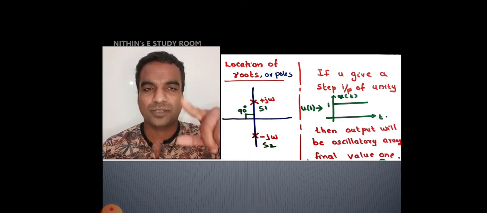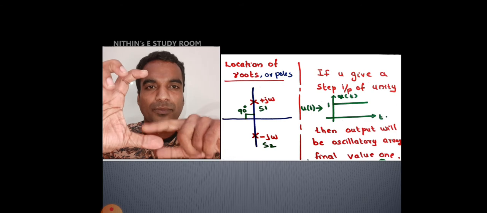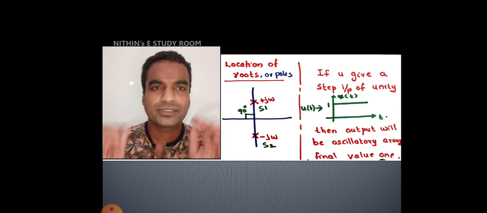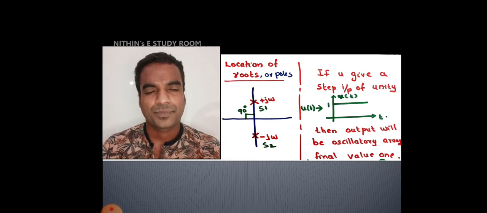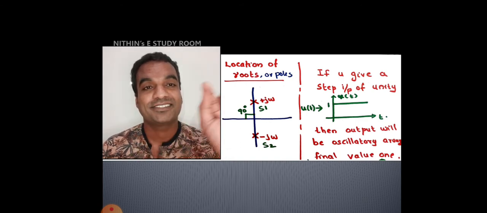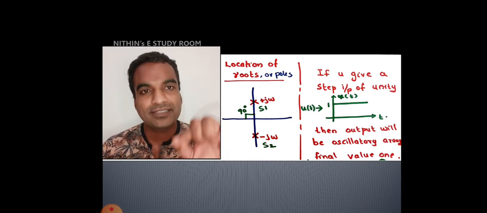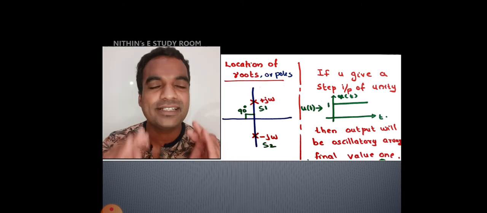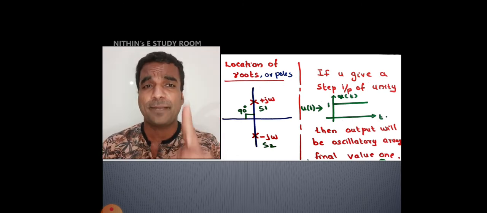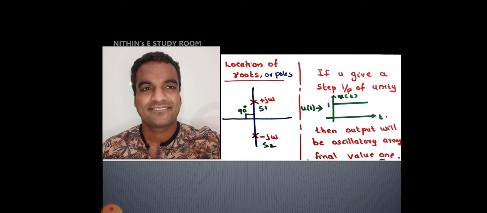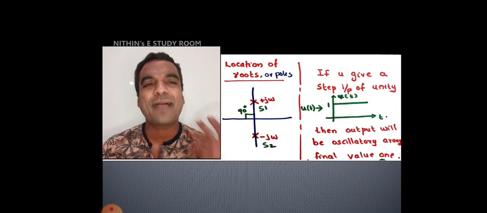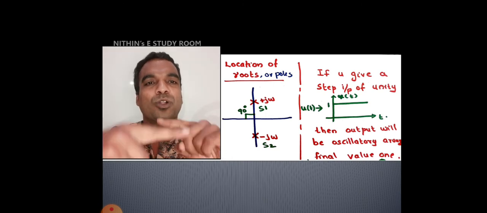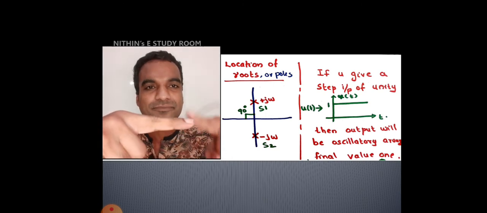Sine wave is bounded because we know what the lower magnitude and the higher magnitude are. So it is a bounded output. But we know it will never reach the final steady state value. It will always go like a sine wave because eta is equal to 0, damping is equal to 0. If you are giving a step input like this, the output always oscillates around the final value 1.